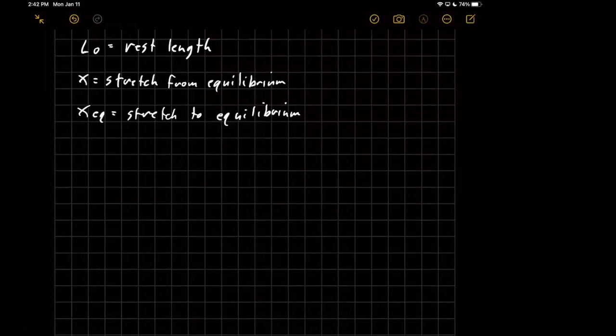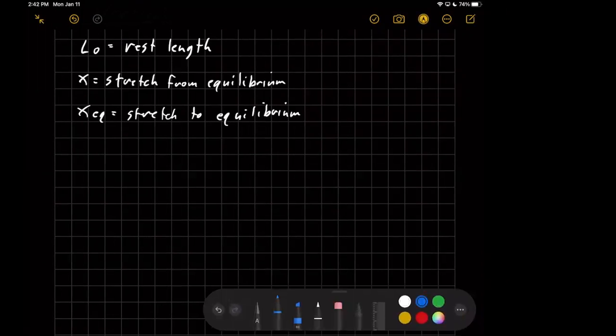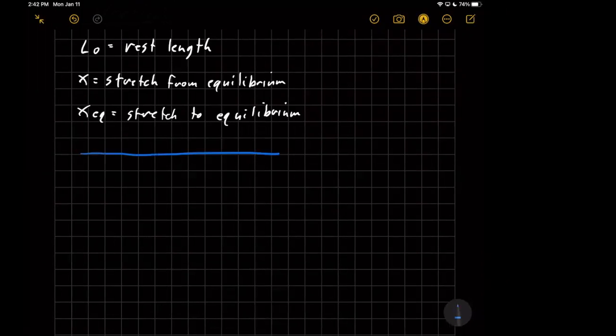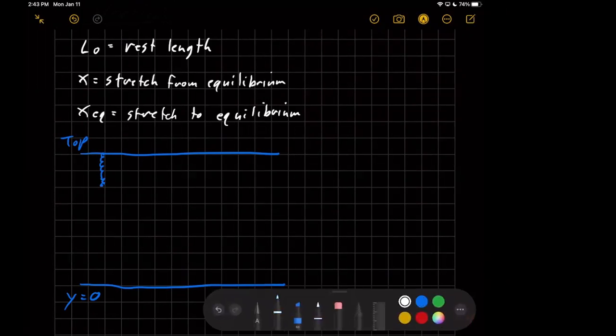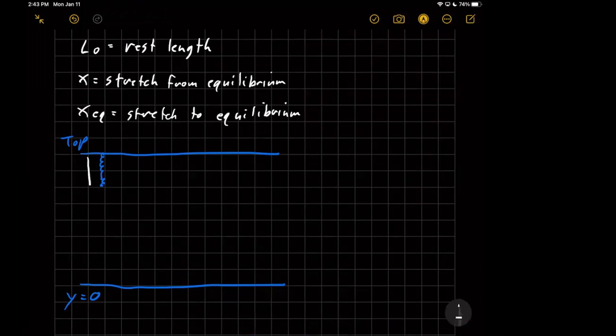Let's say we have up here a top, and down here we have the floor or the ground, and that's where y will equal 0. Initially, if you were to hang the spring from the top, it would just hang something like this, and it would have a length which would be that L naught, the rest length.